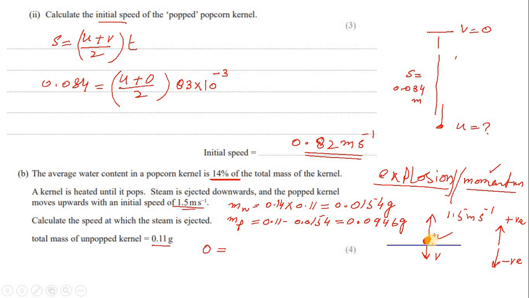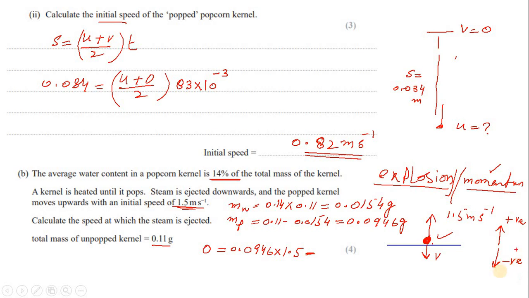So you can say that momentum after popping, momentum of the popcorn kernel going up, is mass times velocity, which is 0.0946 times 1.5, its velocity, and momentum of the steam, minus.